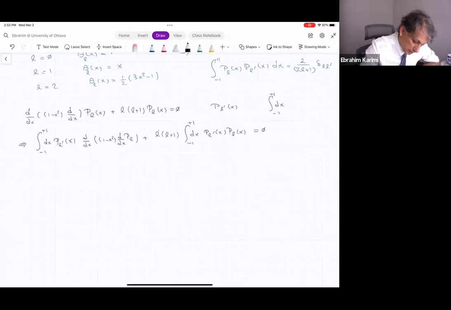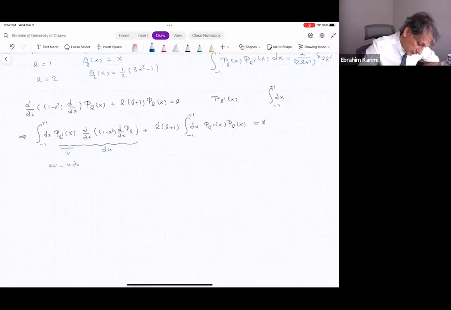So we can use integration by parts here. This looks like dv, and this looks like u. Then the result will be uv minus the integral of v du.